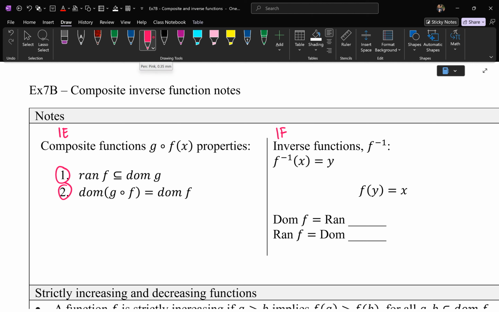But we also know the domain of the original function is equal to the range of the inverse. Fill that in. And then the range of your original function is equal to the domain of your inverse. Okay, so that's just a quick review of the definitions that you must know from Chapter 1.